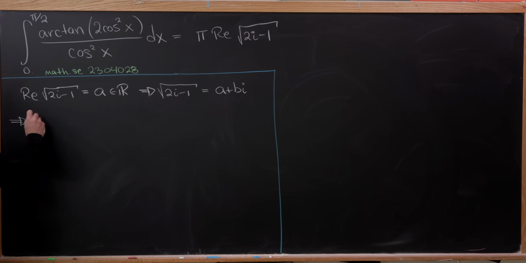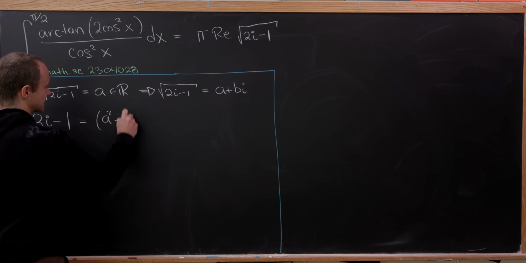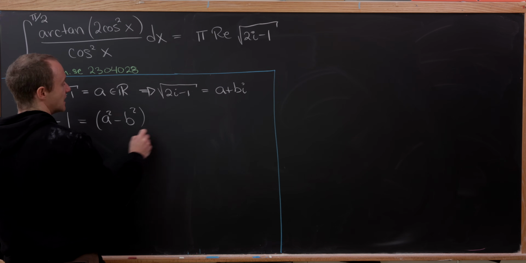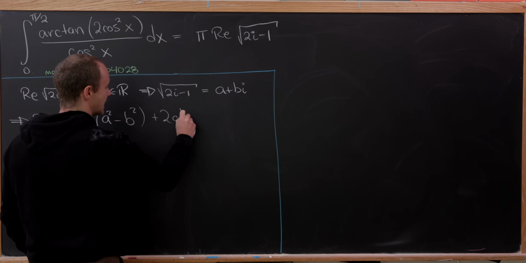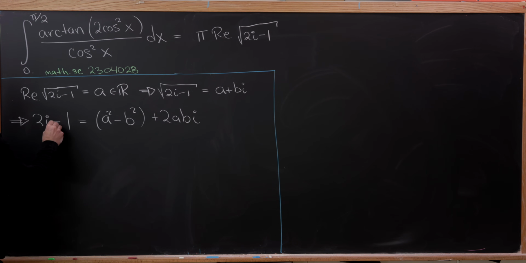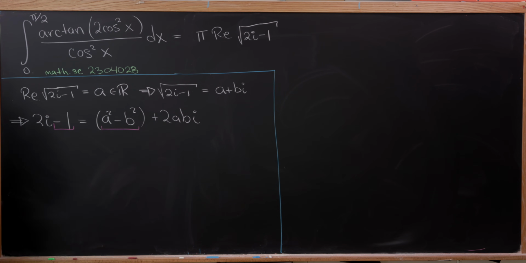So squaring the left-hand side will obviously get rid of the square root, giving us 2i minus 1. Squaring the right-hand side using complex arithmetic, we'll get a squared minus b squared, and then plus 2abi. And now we can equate real parts. So notice minus 1 will be equal to a squared minus b squared, and imaginary parts.